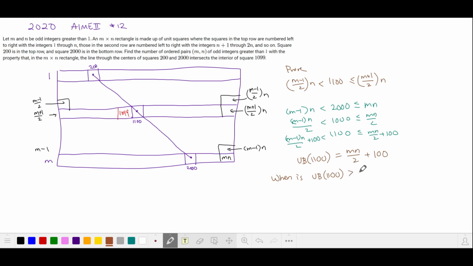And that's when the upper bound is greater than m plus 1 over 2 times n. So we have mn over 2 plus 100 versus m plus 1 over 2 times n.